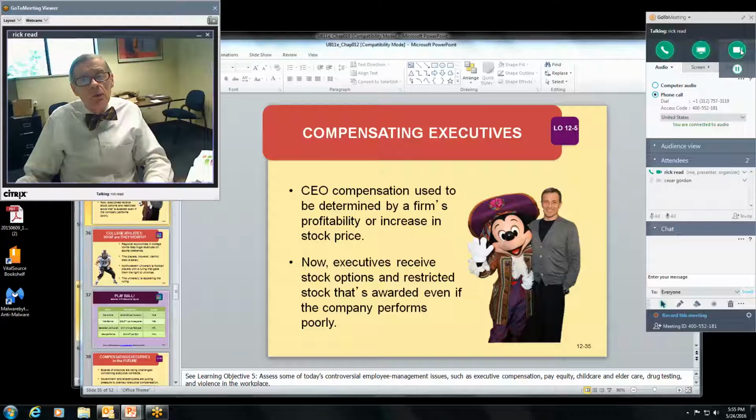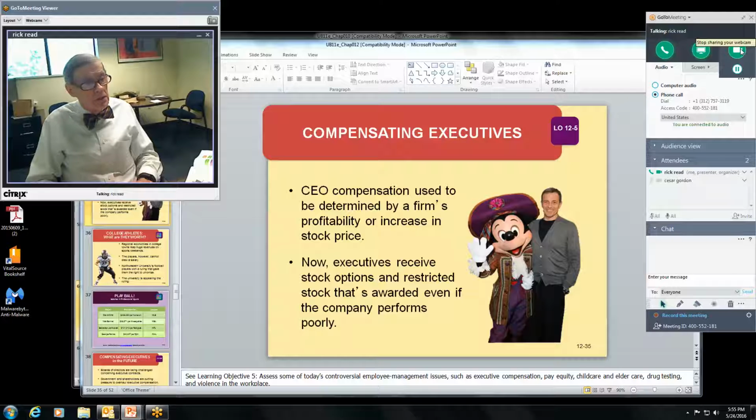Big issue about executive compensation, especially CEOs. There are many companies now, especially the boards of directors, saying the CEO's compensation should be directly tied to an organization's performance. And while that's an admirable goal, in many cases, CEO contracts are written in such ways that it's very difficult to enforce that.